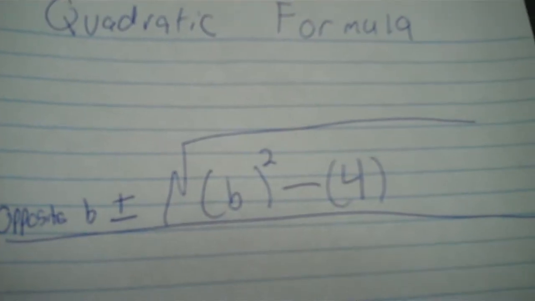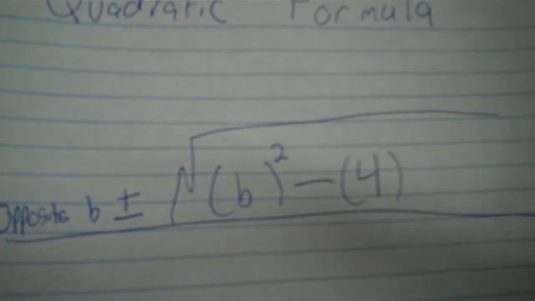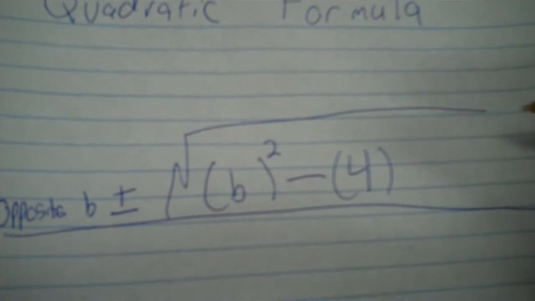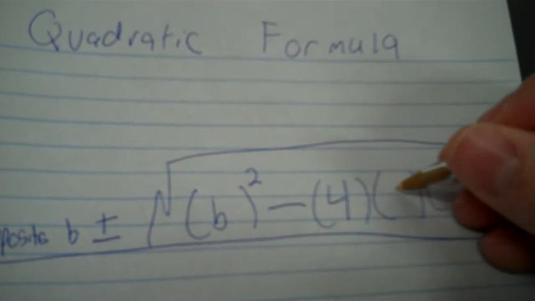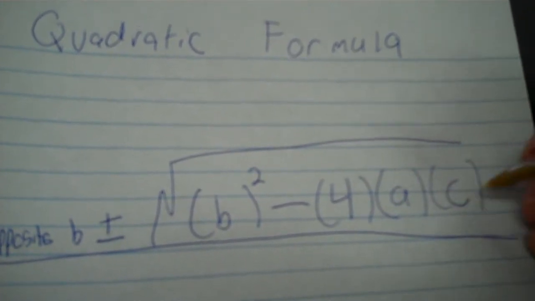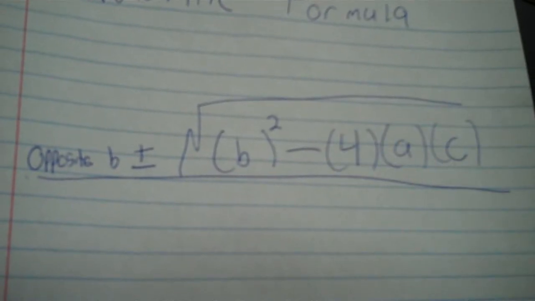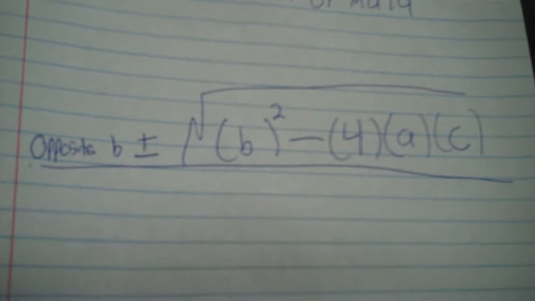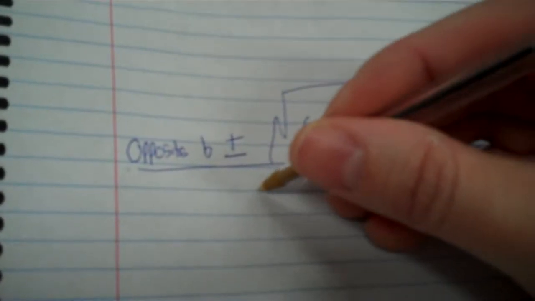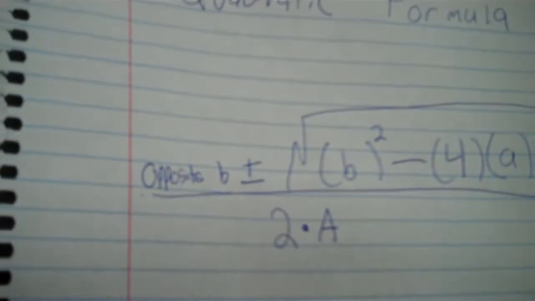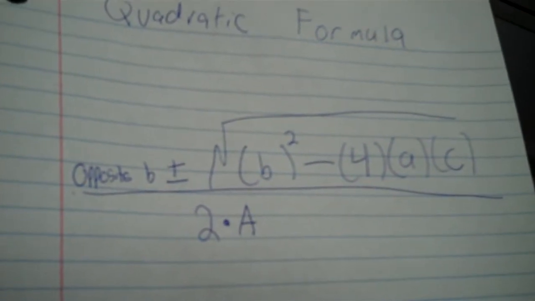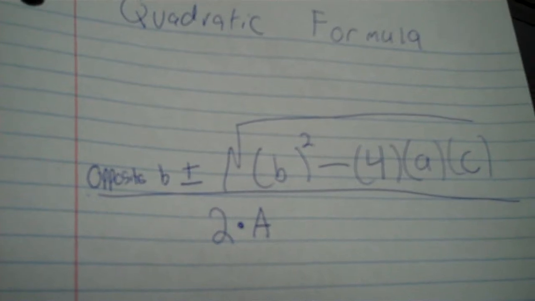You always have a 4 there. It doesn't come from anywhere. It's part of the formula. Then you put 2 more parentheses and you put A and C. And that's it for the square root. And on bottom, you're going to put 2 times A, 2A. And that's the quadratic formula.